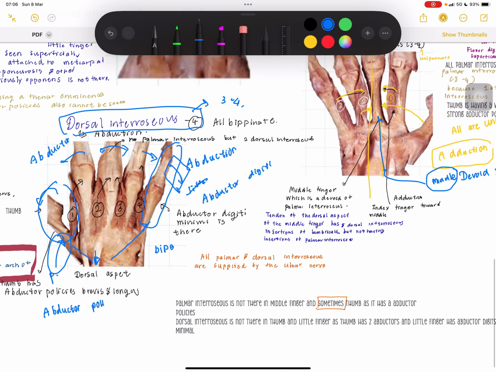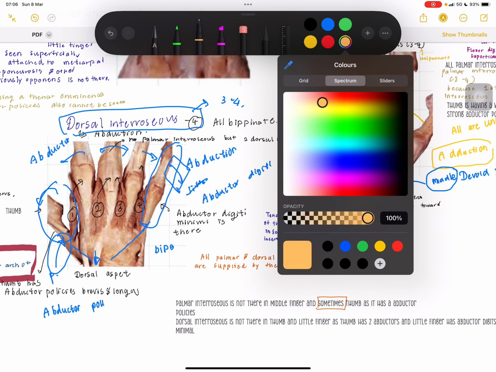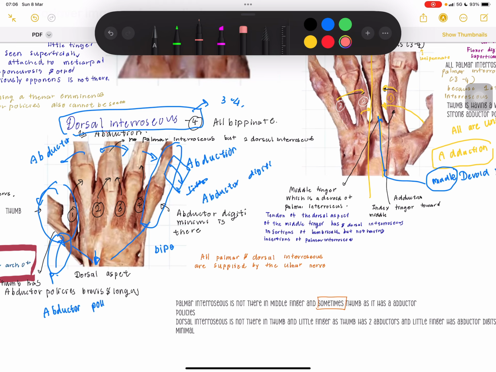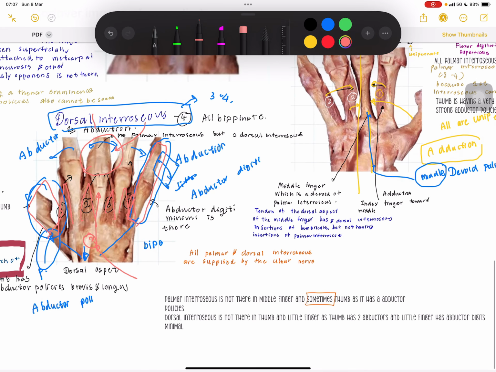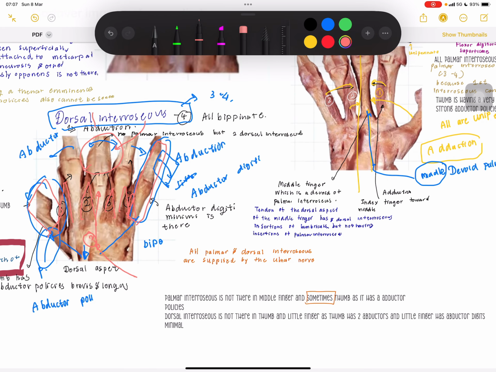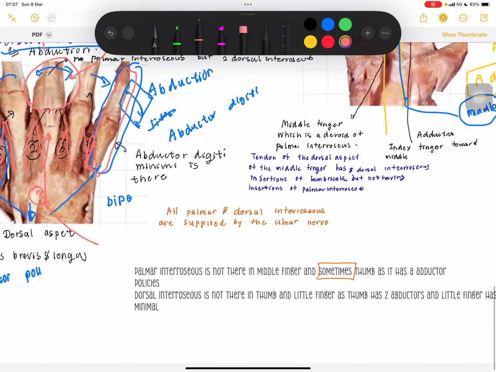And also we said for the middle finger we don't have a palmar interosseous. But to compensate for that, in the dorsal interosseous, middle finger has 2. And this is absent for the thumb and the little finger. And we can see all are bipennate. So interosseous means they are between the bones.